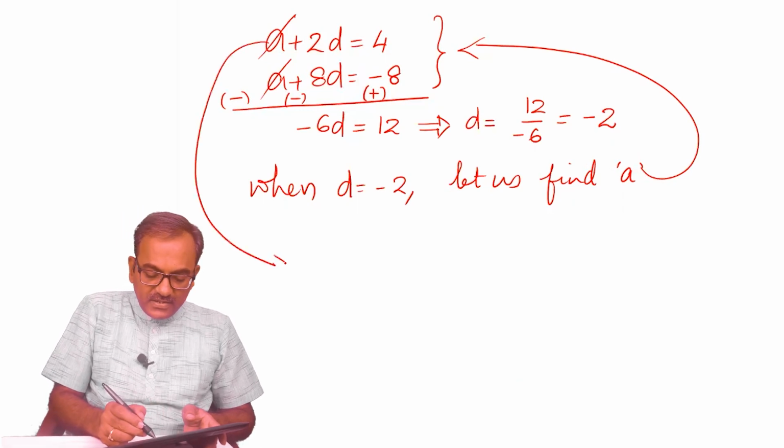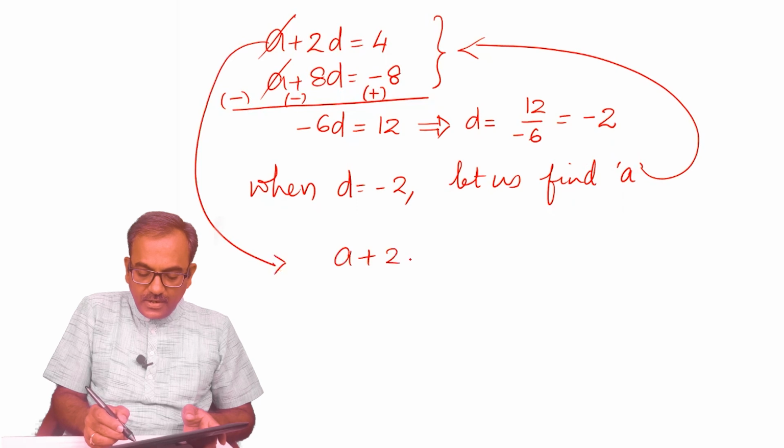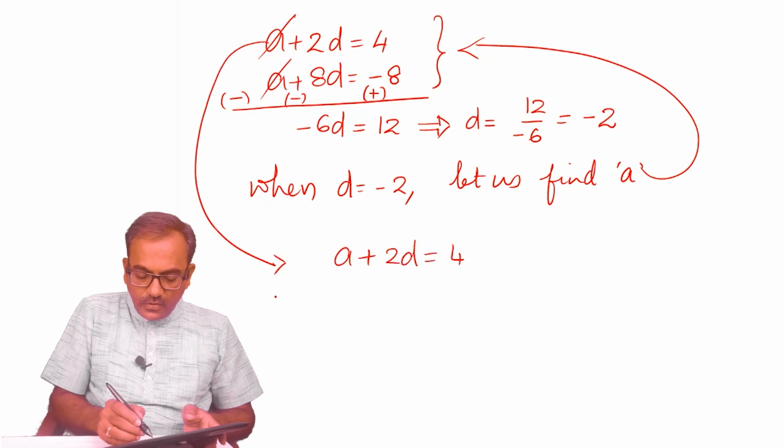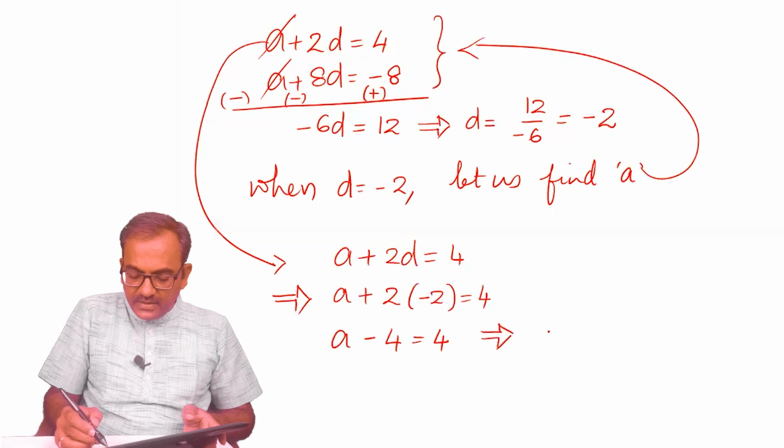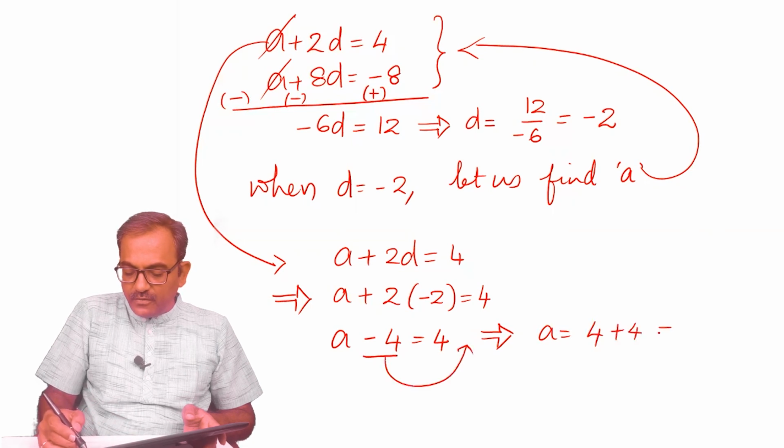Now let me take the first equation. a plus 2d is equal to 4, which implies we need to find a. a plus 2 times minus 2 is equal to 4. a minus 4 is equal to 4, which further implies, transferring this to the other side, it becomes plus 4. a is equal to 8.